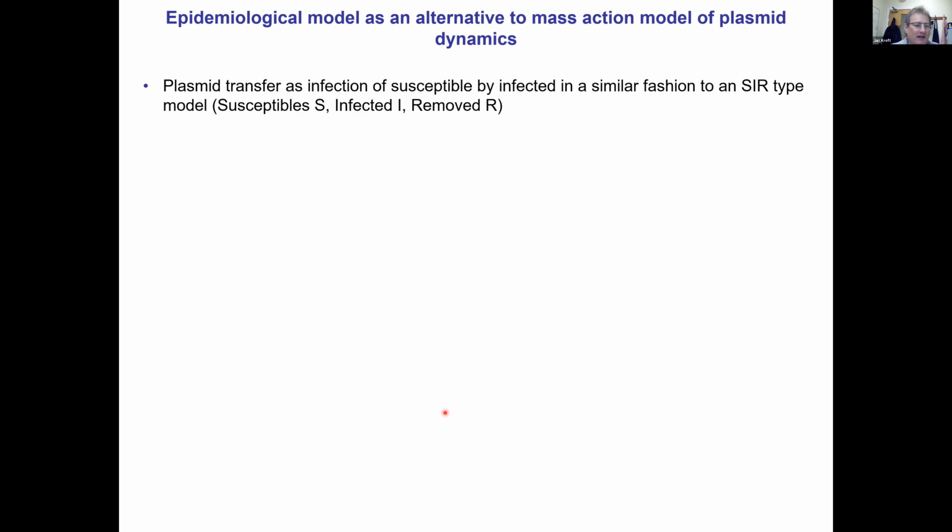Another way to model plasmid transfer that is a little bit simpler is to do it in the way of an epidemic model, thinking of plasmid transfer as infection of susceptible populations by an infected population, like you model the current COVID epidemic.